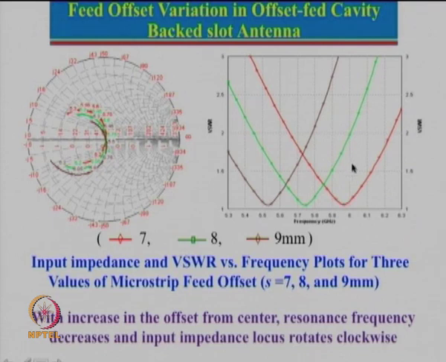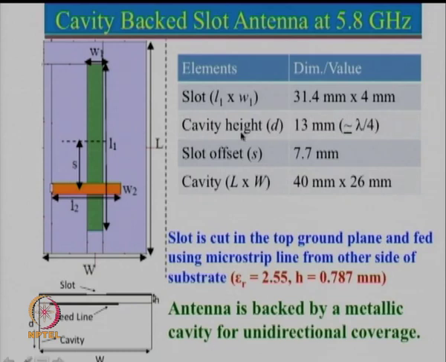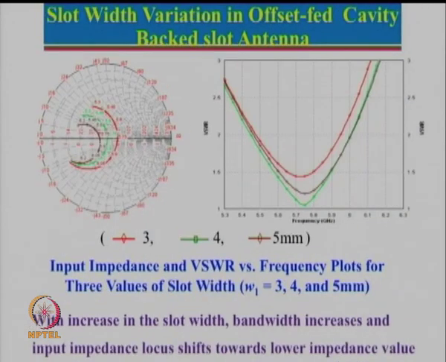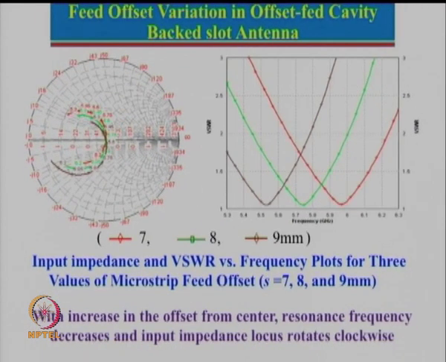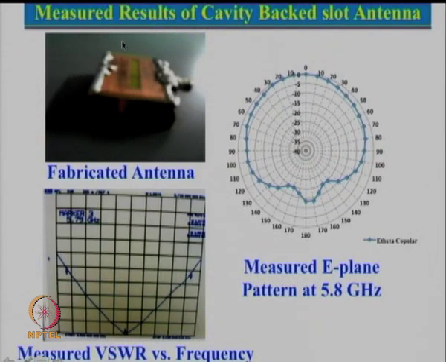So, once the design has been optimized for the values which I had shown in the table, after studying all the parameters, these were the things chosen, and then fabrication was done. And now, let us see what the measured results are. This is the slot which one can see over here, and here is the cavity, which is not so visible, and that cavity has been soldered to the slot.